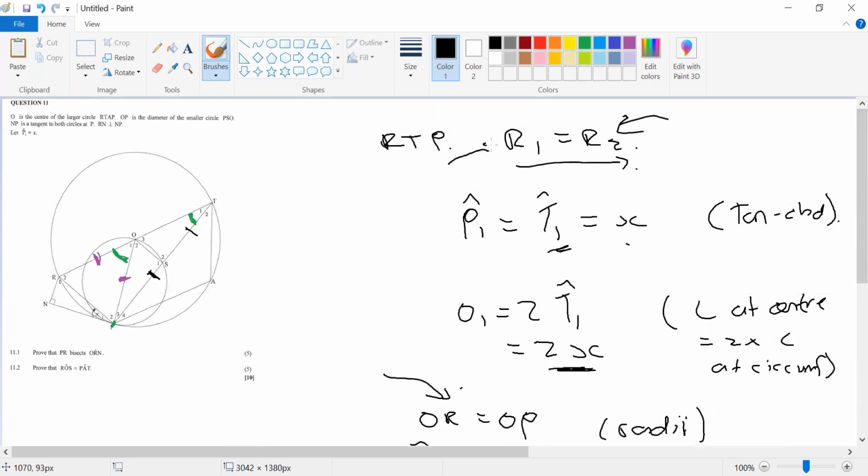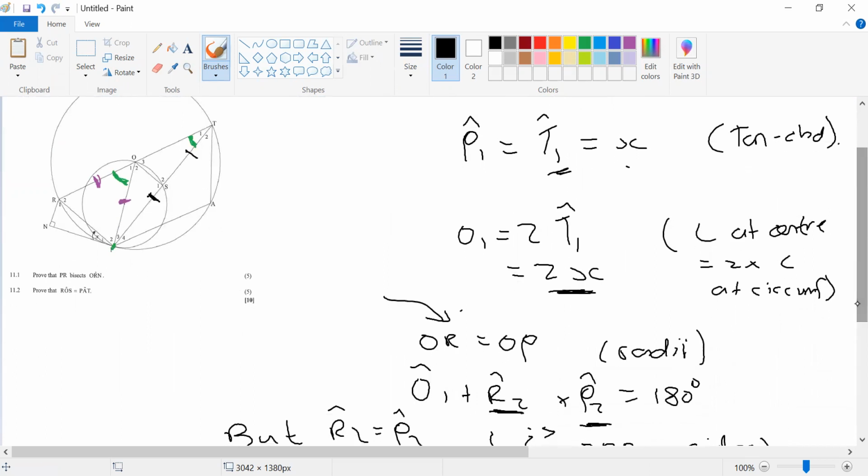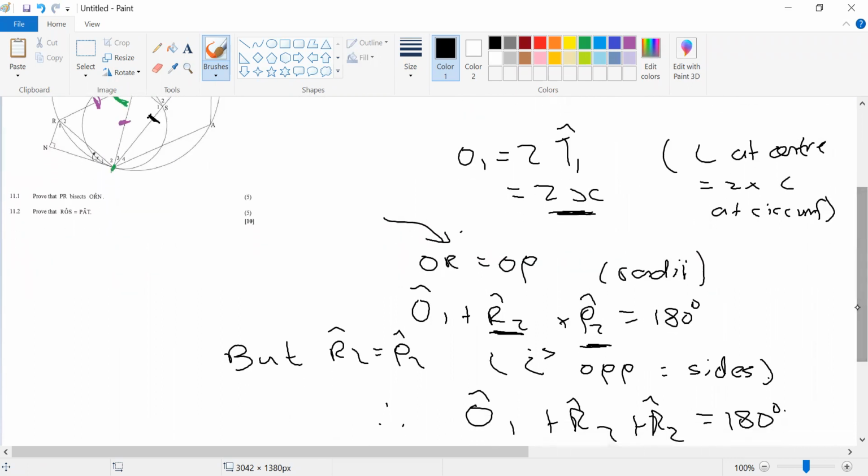But now let's see if we can calculate R1. So looking at the triangle at the bottom left, we can see that we have everything we need to calculate angle R1. Because if we do sum of angles in that triangle, it would be angle R1 plus angle M plus angle P1, which would equal 180 degrees. Again, sum of angles in triangle.